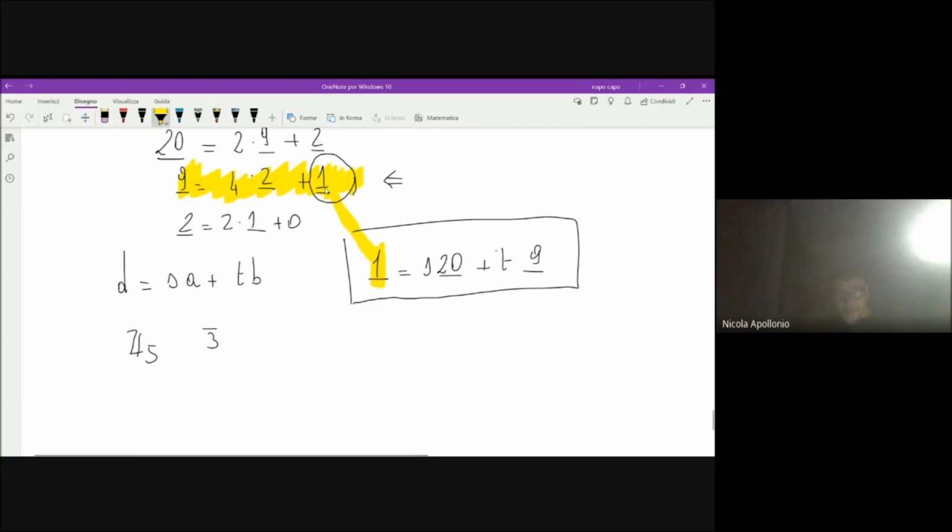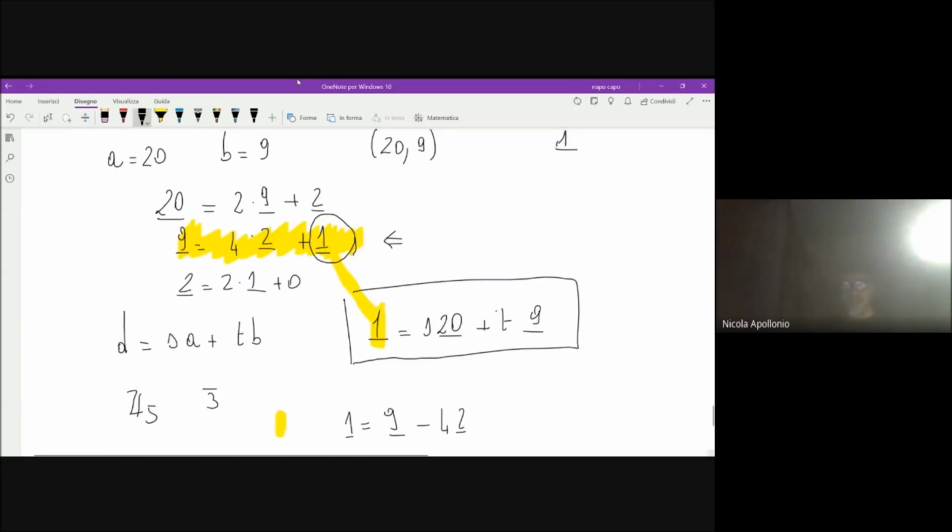So from this row, in a very simple way, you get the following identity. So 1 is 9 minus 4 times 2.